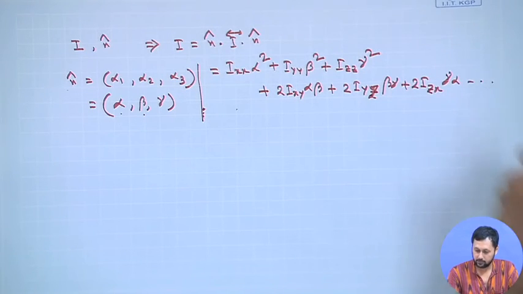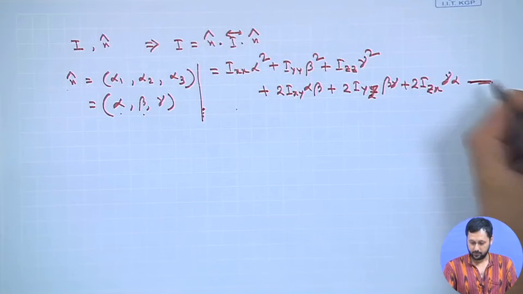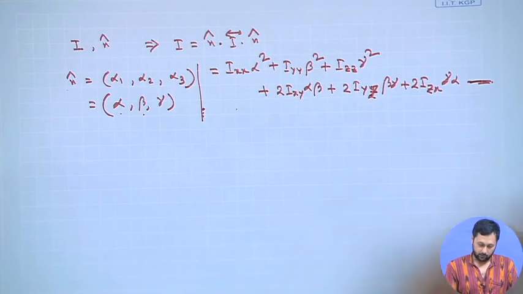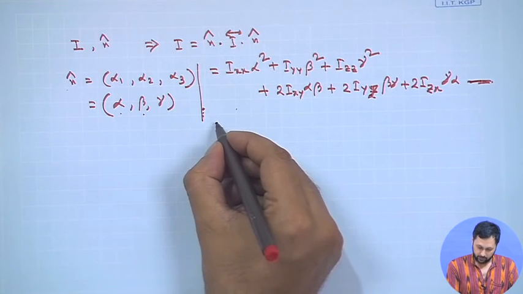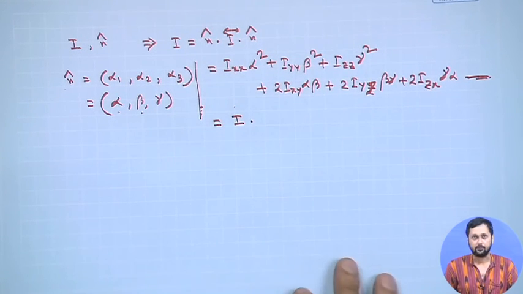So, these three terms will be there, right? So, this is equal to I, right?